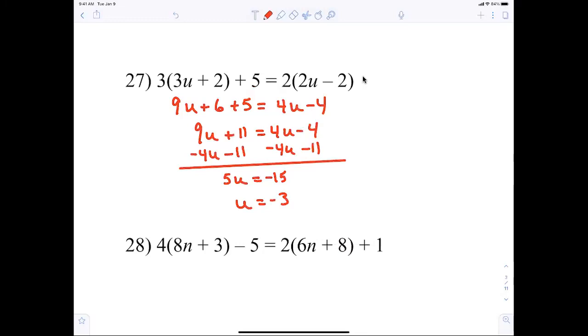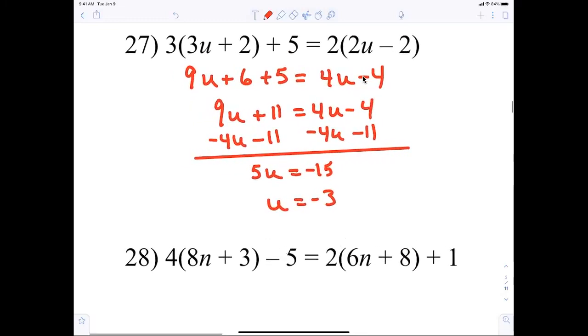So u is negative 3. Anybody have any issues with number 27? Nobody?